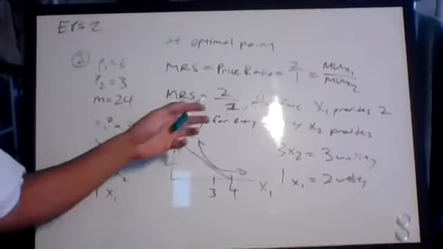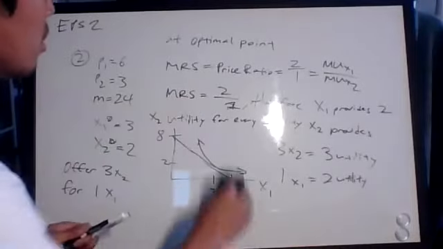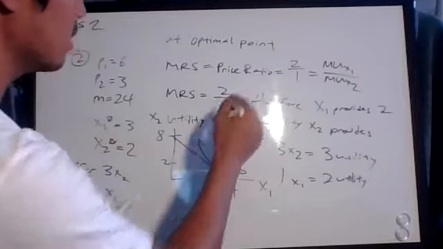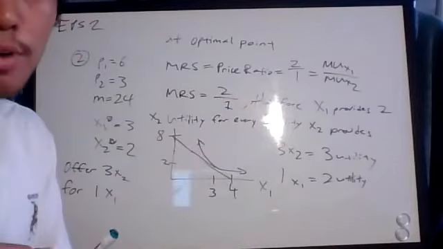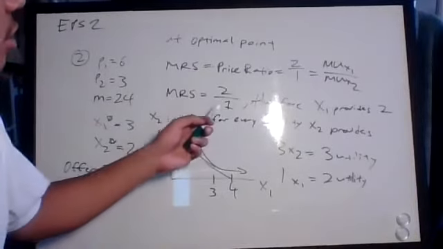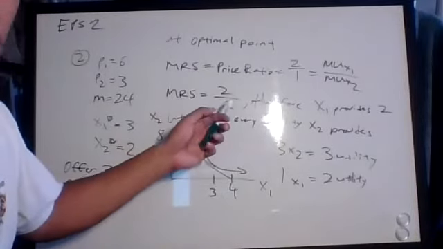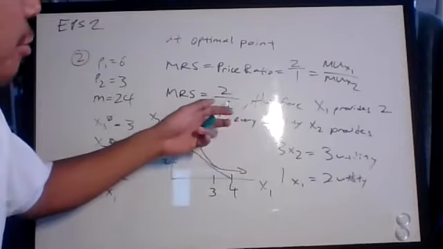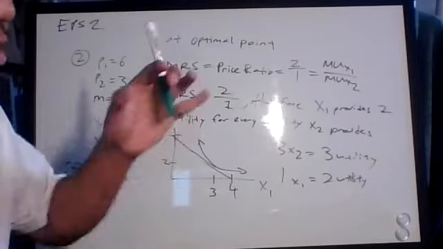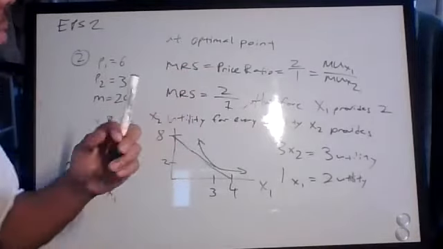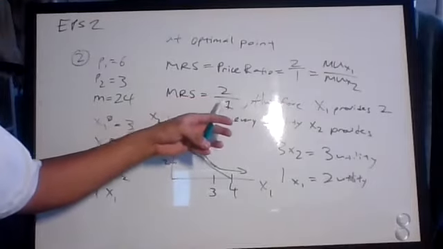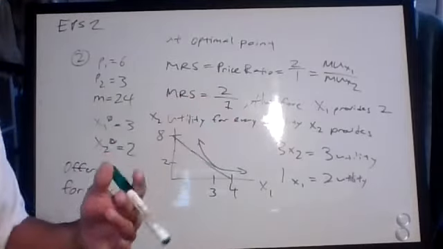Our MRS is 2 over 1, which means that for every additional unit of good 1 that we have, that provides 2 additional utility. For every 1 unit of x2 that we add, that provides 1 unit of utility. It's basically 2 utility for every 1 utility. That's how you want to word it.